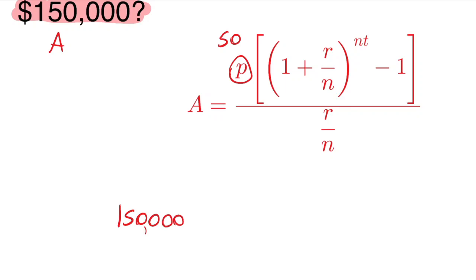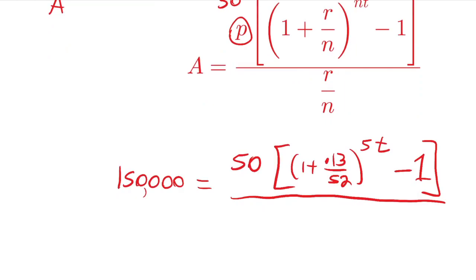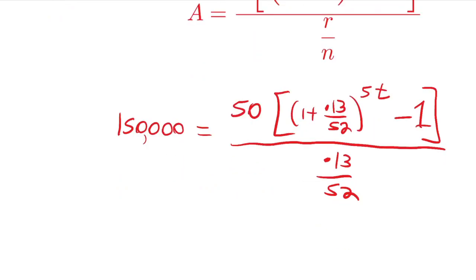The payments are $50, and then that's going to be 1 plus 0.13 over 52, which is r over n, to the 52t power, minus 1. We're going to divide this by 0.13 over 52. What we're trying to solve for is how long it's going to take, so we're solving for t, the only variable.